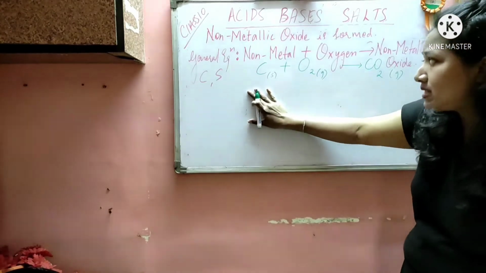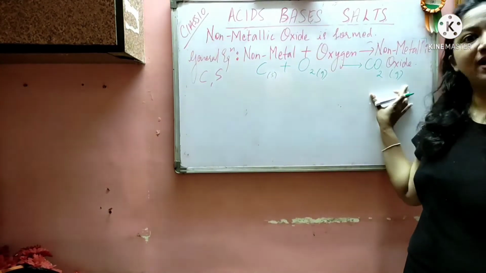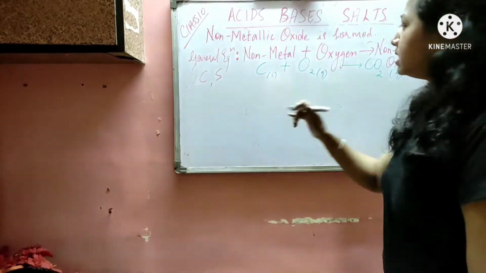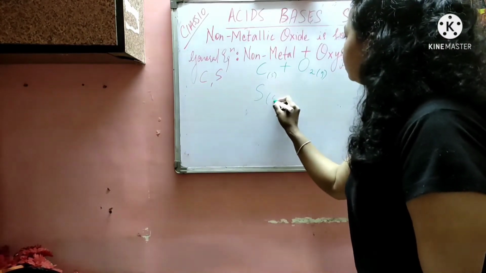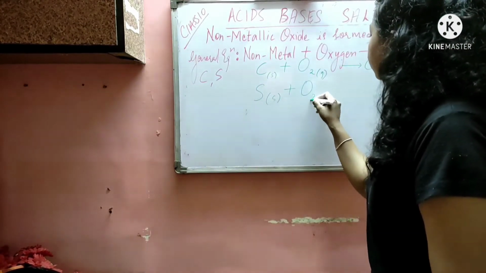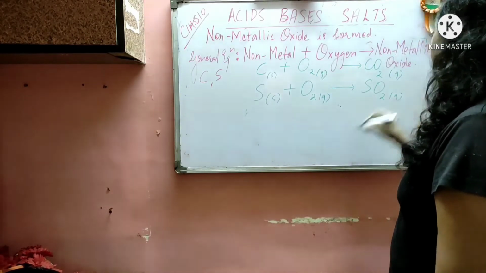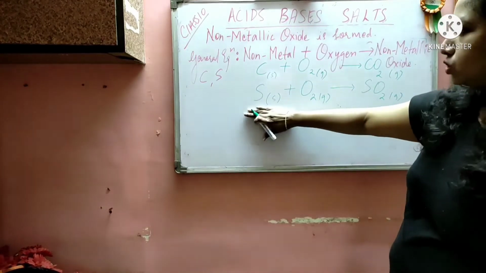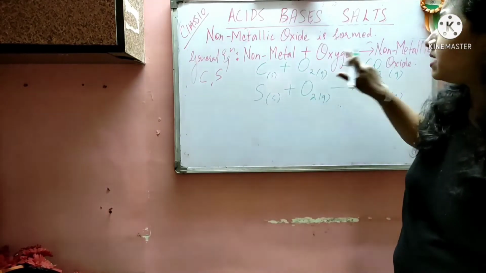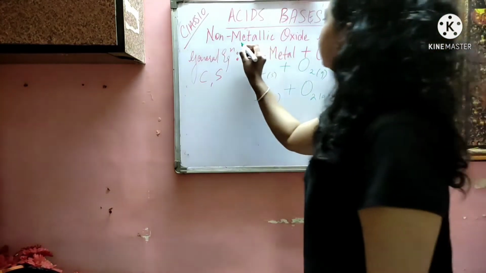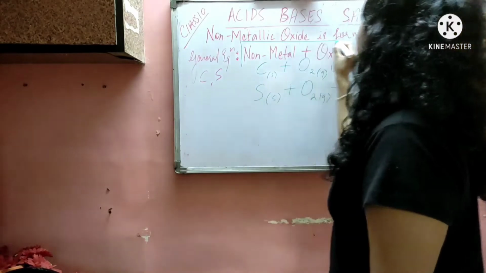Fine. Carbon when it reacts with oxygen gives carbon dioxide. That is, non-metals when they react with oxygen give non-metallic oxide. Fine. In the same way, when sulfur reacts with oxygen, what you get is sulfur dioxide gas. Okay, so non-metals react with oxygen. Let's highlight this equation.